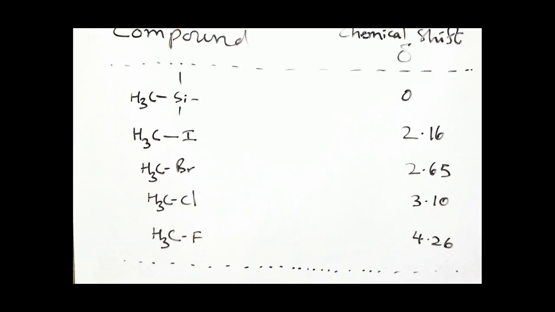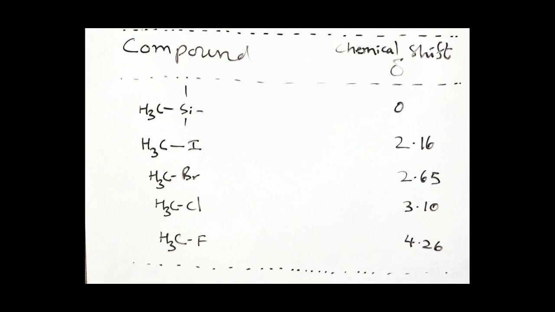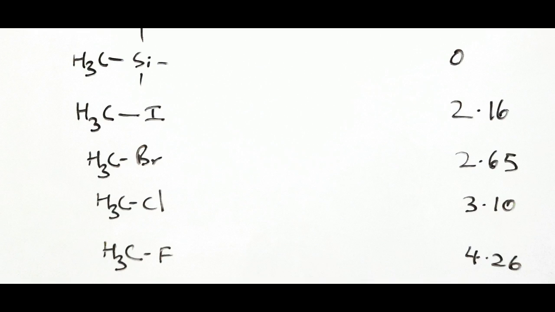So from this table, it is very clear that the chemical shift value increases with the electronegativity of the substituent. The electronegativity of the substituent increases from iodine to fluorine. It decreases from fluorine to iodine.